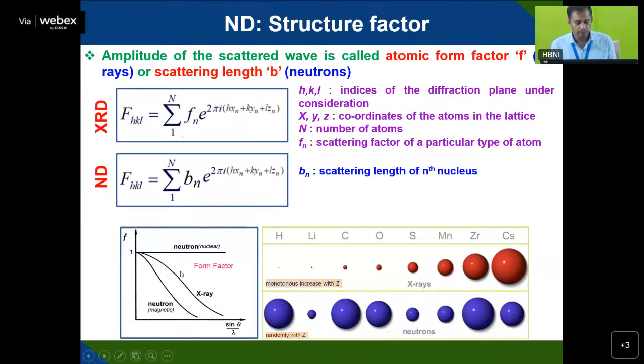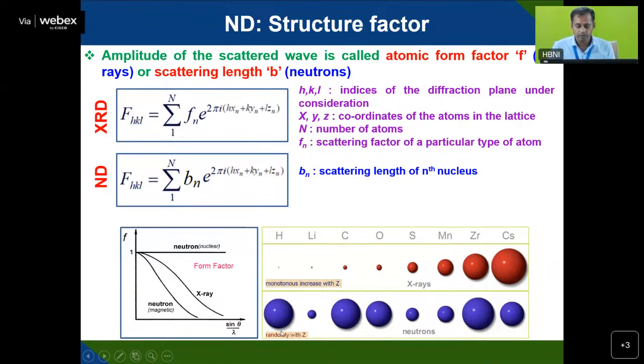You can see here, in X-ray, the form factor, as I told, is proportional to sine theta by lambda. But in the case of nuclear neutron scattering, it is form factor independent, whereas the magnetic one is dependent and decreases much faster. If you see here, these are the X-ray form factors for hydrogen, lithium, carbon to cesium. You can see the cesium form factor is quite large.